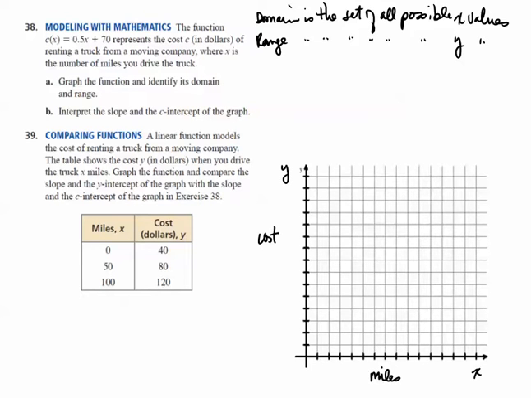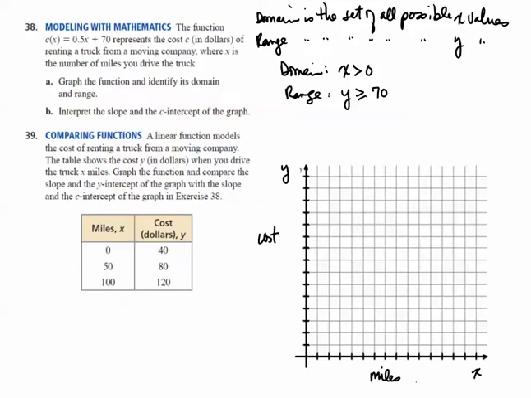Then we know that our domain, we just have to have x to be greater than or equal to 0. You can't drive negative miles. And your range, the set of all possible costs, well, the minimum cost is going to be $70. So y has to be greater than or equal to $70, and it will just go up from there.